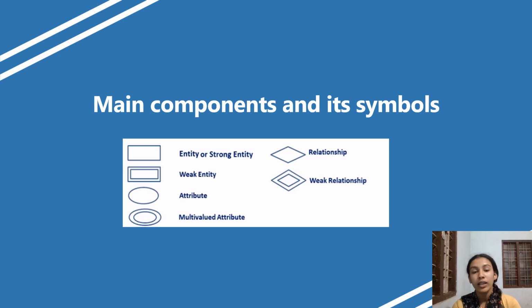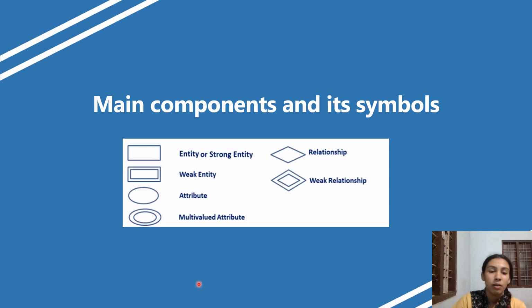And all the attributes can be represented using an ellipse shape, or it can be an oval shape. And there are different types of attributes: single valued attributes, composite attributes, and multi-valued attributes.